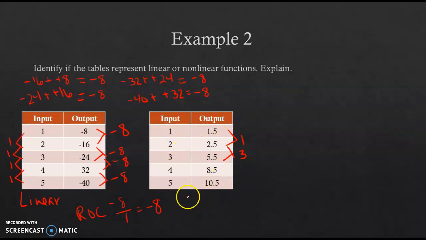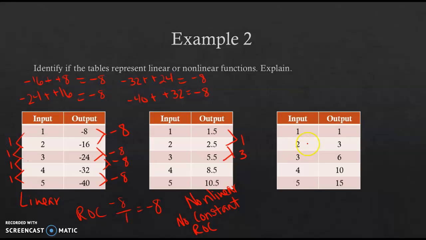And so then this is non-linear, and it's because there's no constant rate of change. Alright, so here, the first one we had a constant rate of change of negative 8. The second one is nonlinear because there's no constant rate of change.